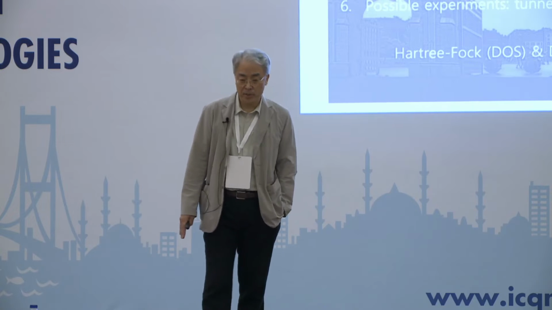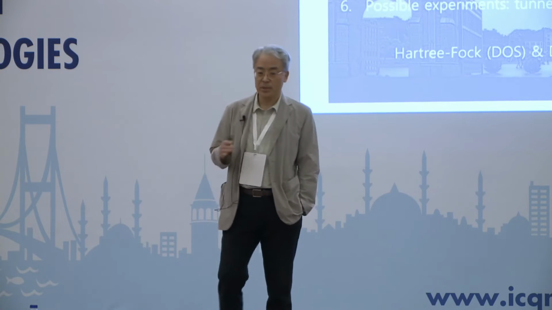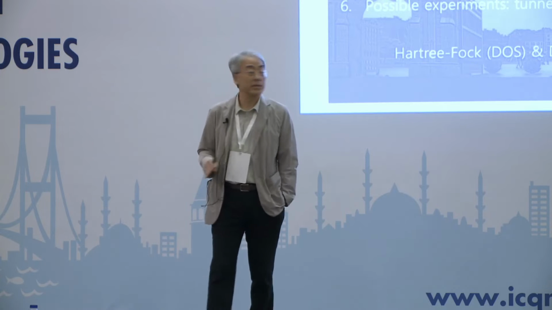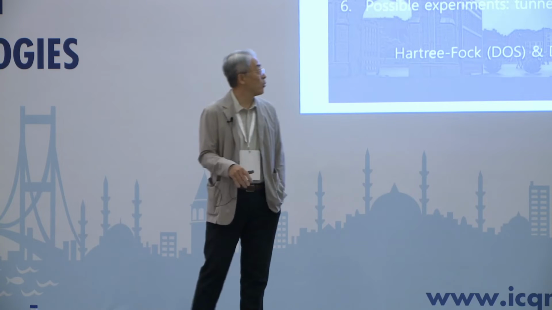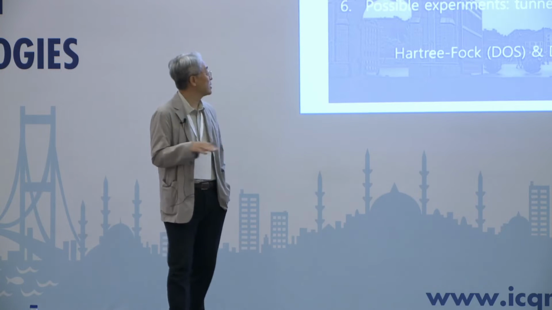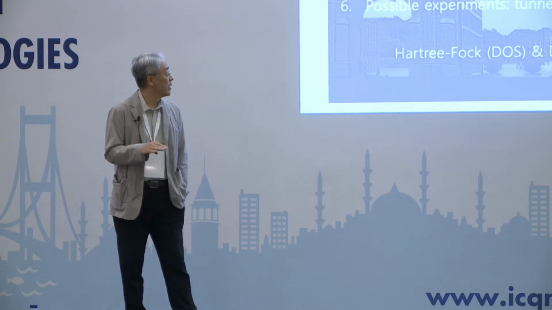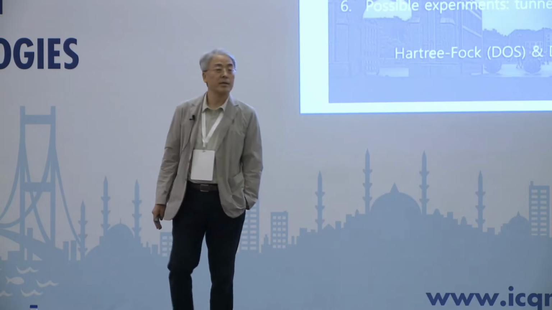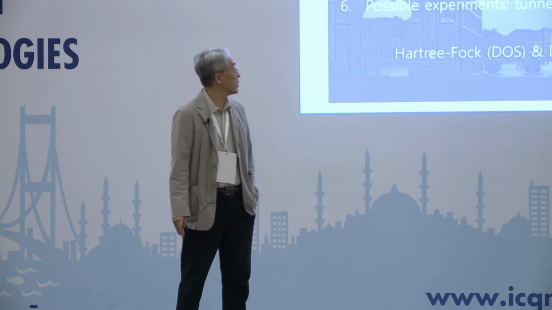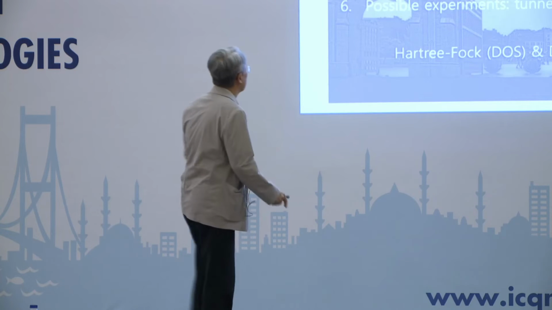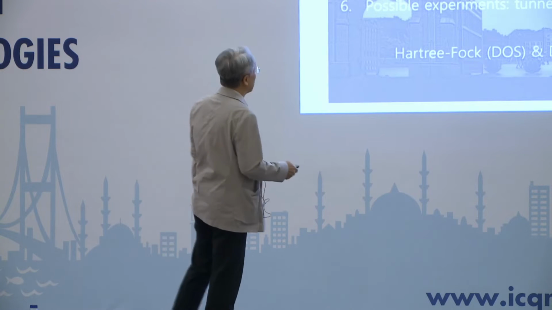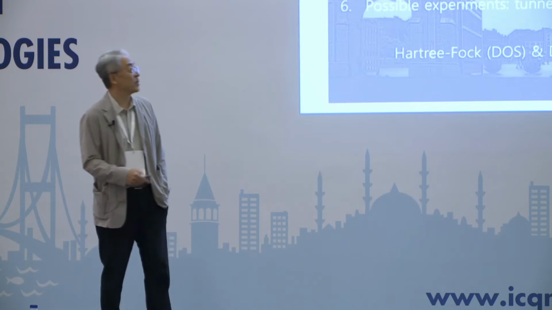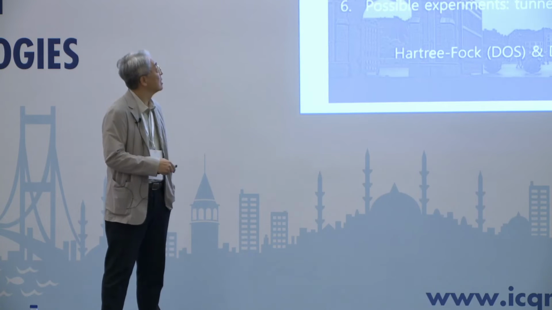Recently, it has been possible to make atomically precise graphene zigzag nanoribbons. There are a couple of papers in Nature. My work was based on Hartree-Fock and density matrix renormalization group in the matrix product representation. But this is not going to be a technical talk, so I'll skip all the mathematical derivations.